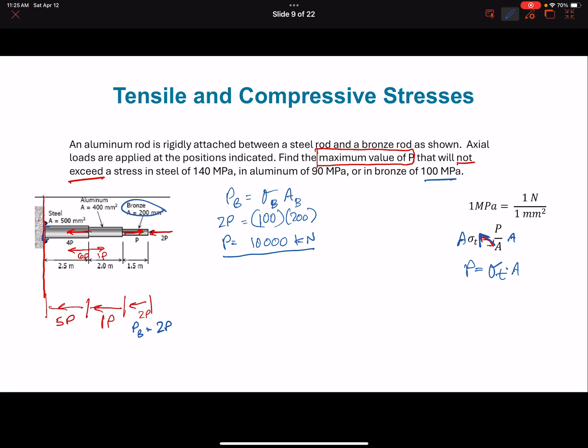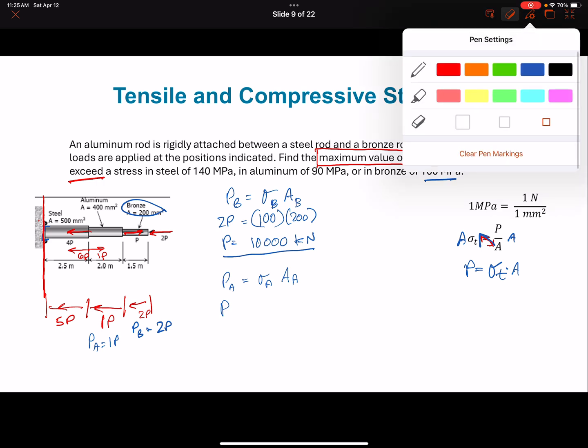Now, for aluminum, that's PA, that's equal to 1P. See, we got 1P actually acting on the aluminum. So when I do PA, sigma A, AA, PA is just 1P. So I just write P in there.